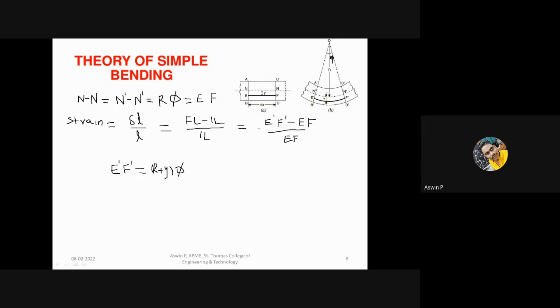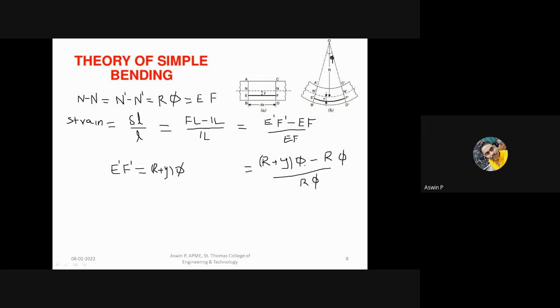So we have both the equations for E dash F dash and EF, so you can substitute the relation. When you substitute, it becomes R plus Y into phi, minus R into phi, divided by R into phi. This is the basic equation for us.